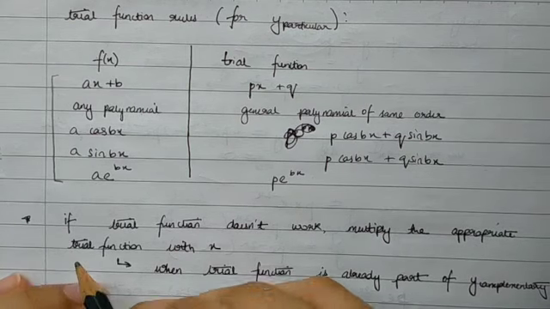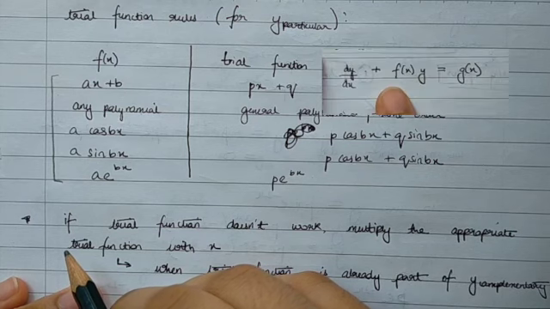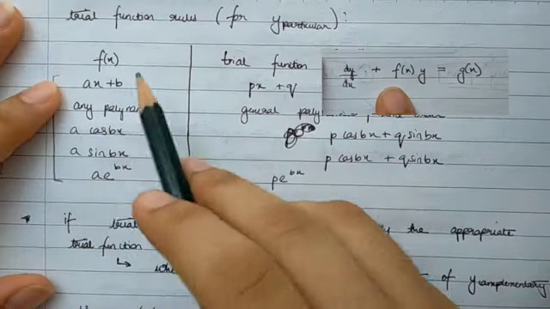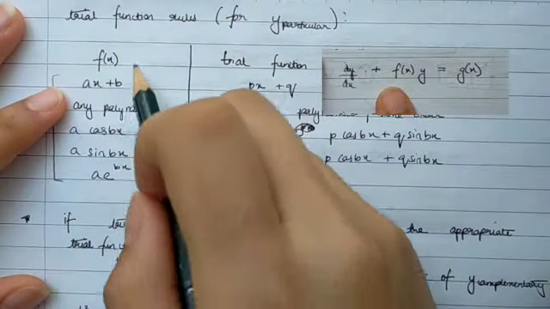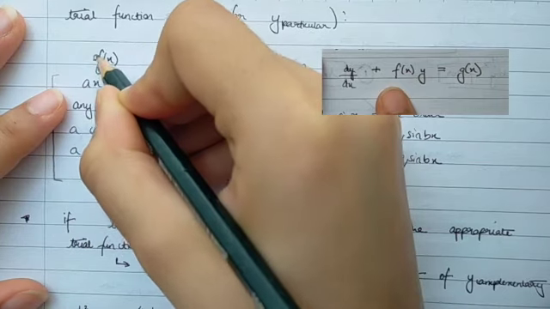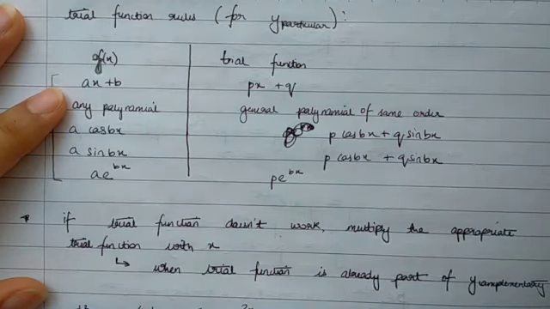By right hand side, I mean the g of x, as we mentioned in our general form before.